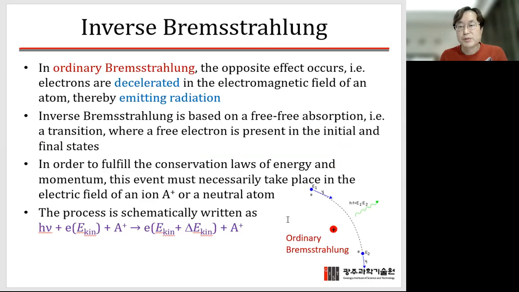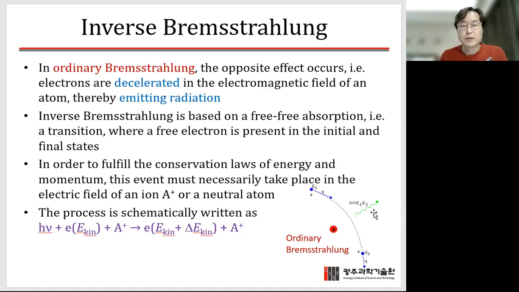So ordinary Bremsstrahlung is basically when the electron is passing near the proton, and because of the attraction force, it slows down, and slowing down means losing kinetic energy, and the difference of the kinetic energy can come out as electromagnetic radiation, which can be light or X-ray.